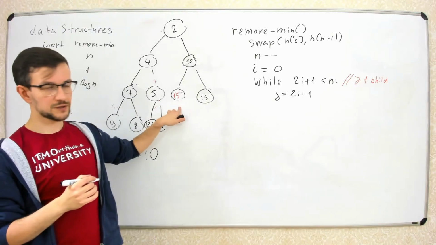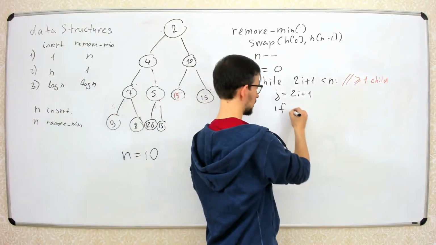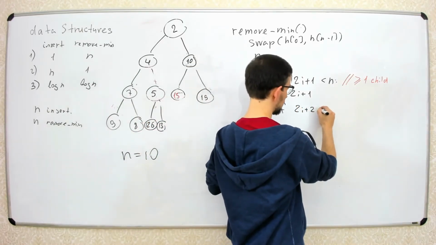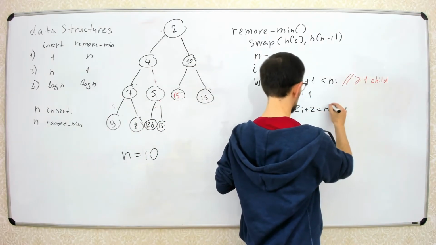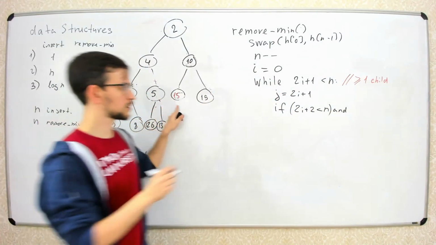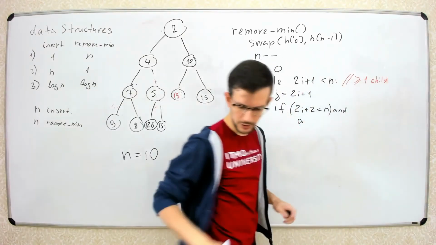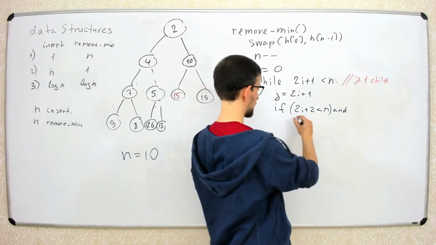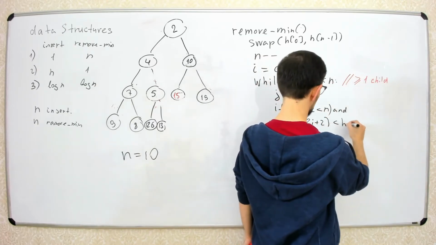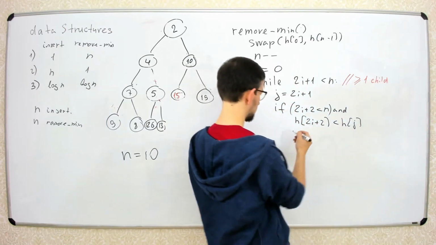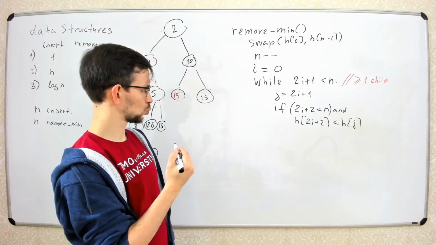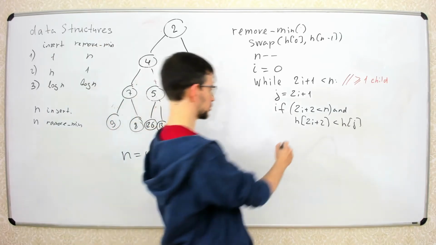If the right child is less than the left child, so if I have the right child, so if 2i plus 2 is less than n, and h[2i+2] is less than h[j], then just say j equal to j plus 1.